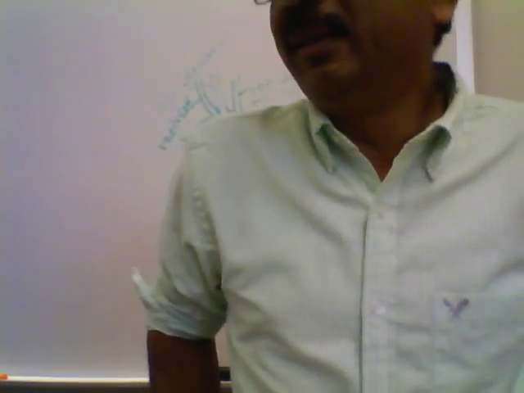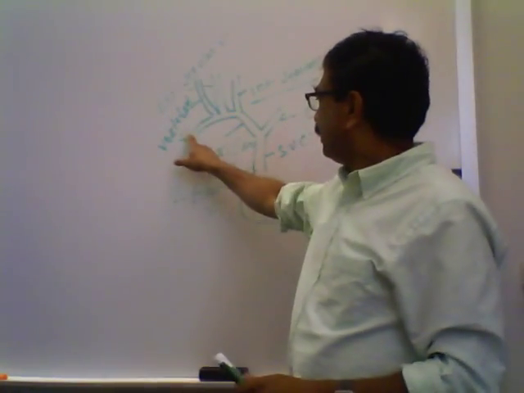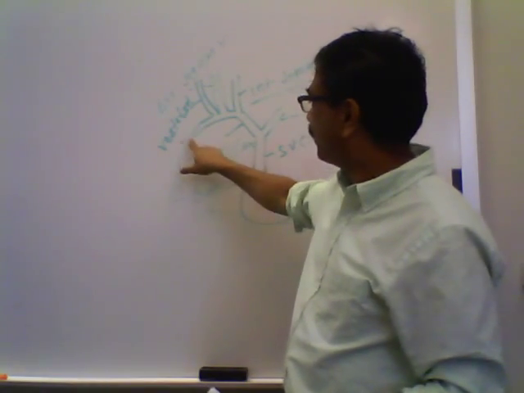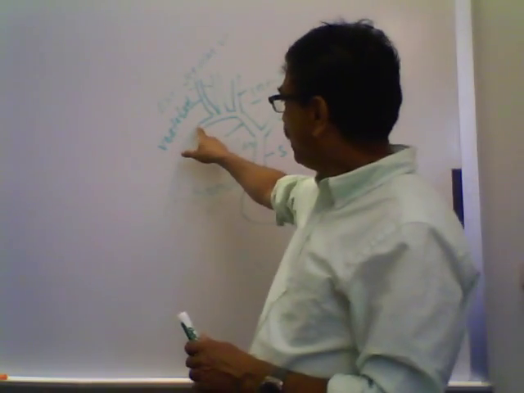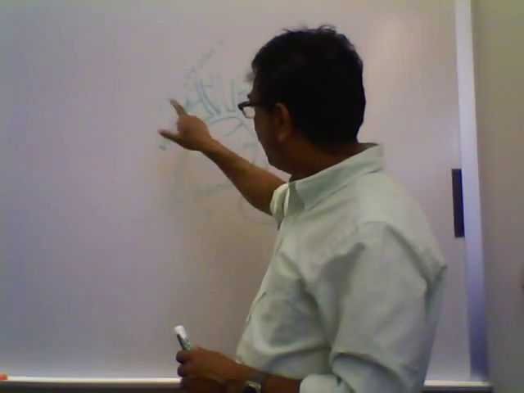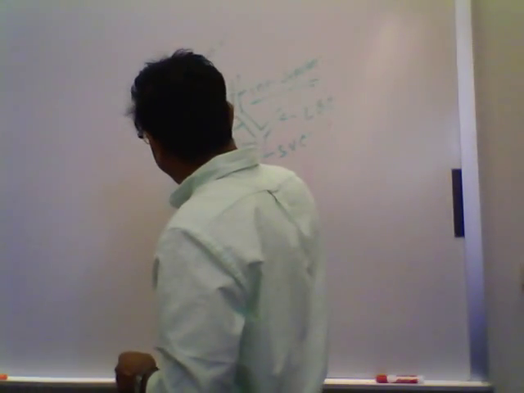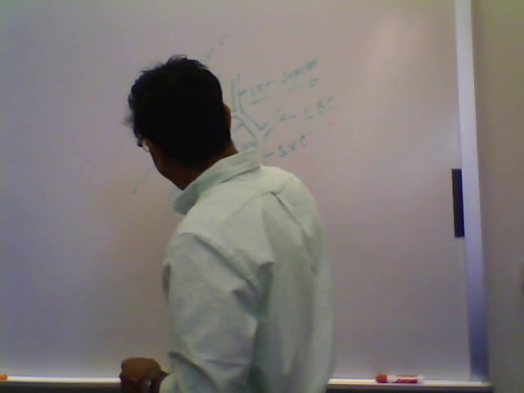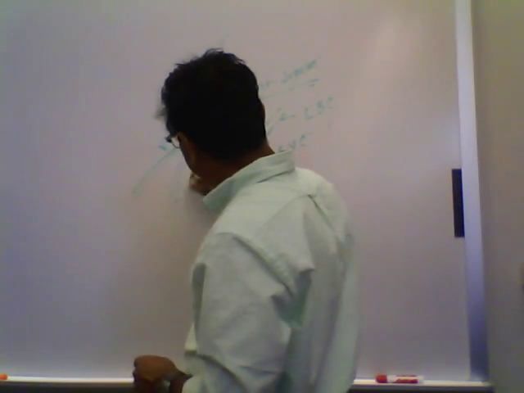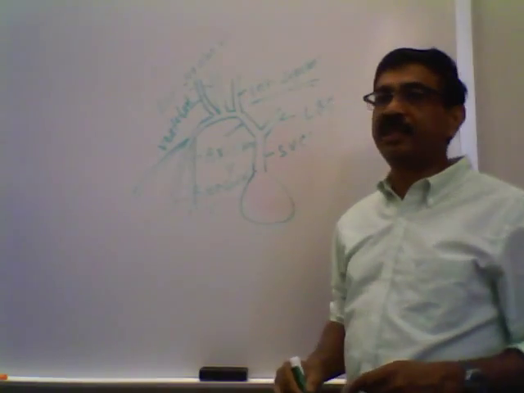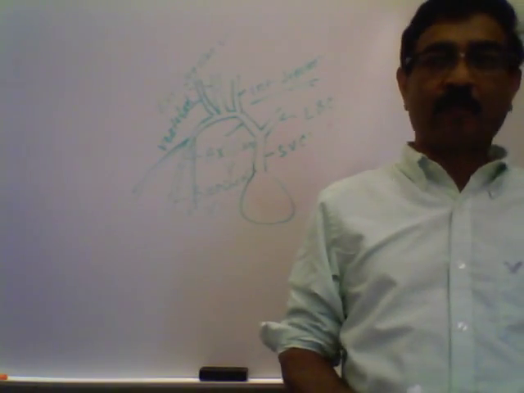Now, one thing you have here in the venous system, which is absent in the arterial system, is that from the axillary vein, two other large superficial veins arise. From the axillary.